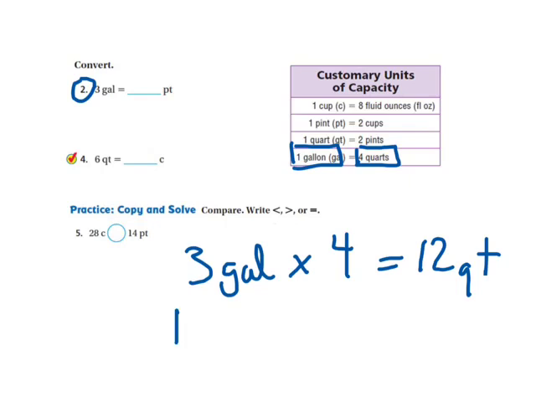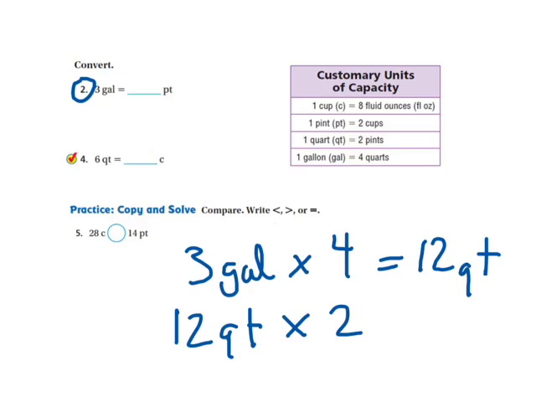Okay, so now I have 12 quarts, and I can figure out how many pints are in 12 quarts. Then I'll get my conversion. So quarts to pints, I know pints are smaller than quarts, so I'm going big to small again, and I'm going to multiply by the number of pints in a quart.